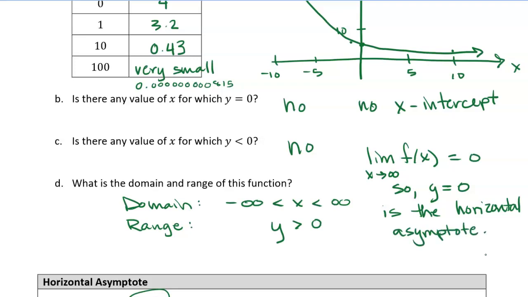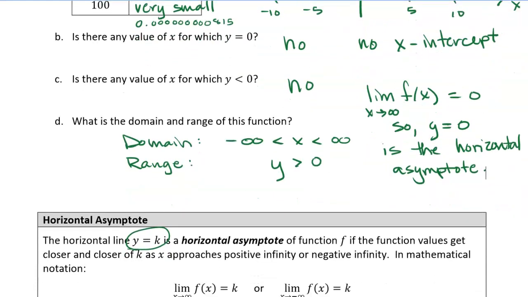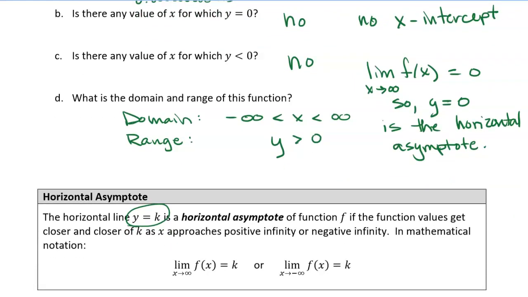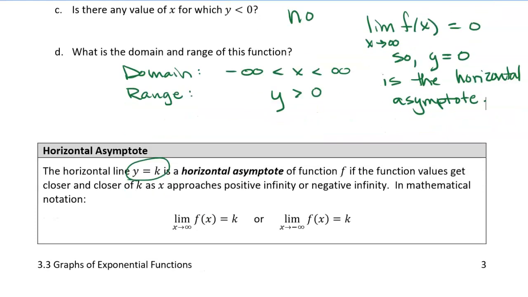This exponential function has a horizontal asymptote of y equals 0 because as x approaches infinity, y approaches 0. That's the idea behind a horizontal asymptote.